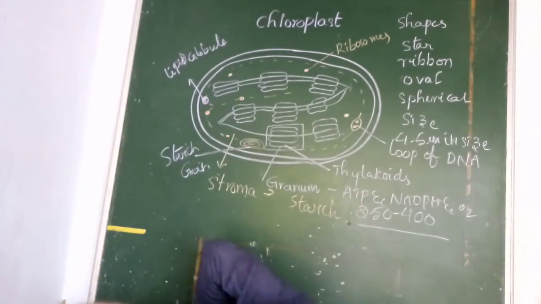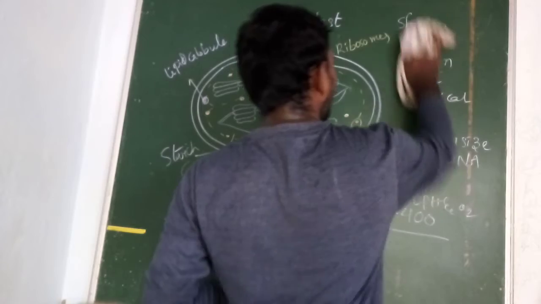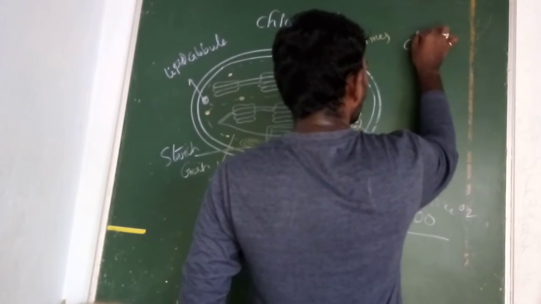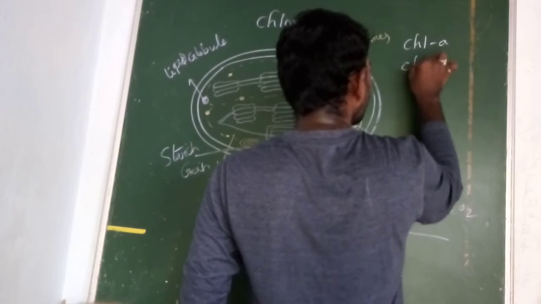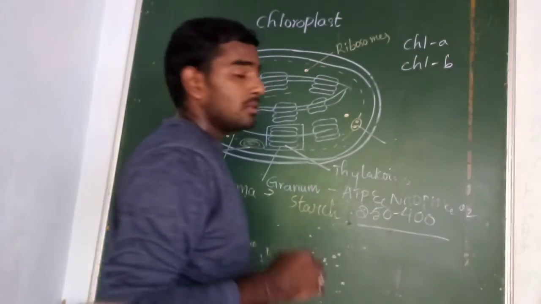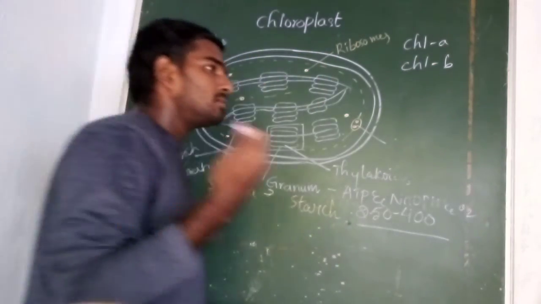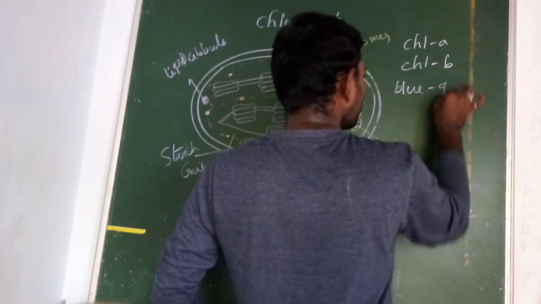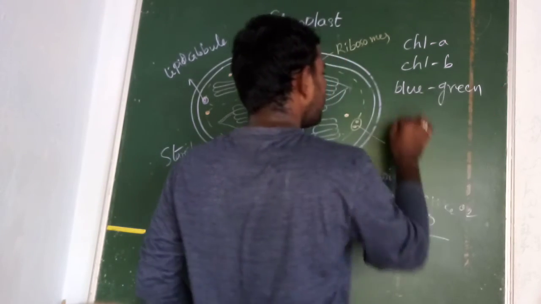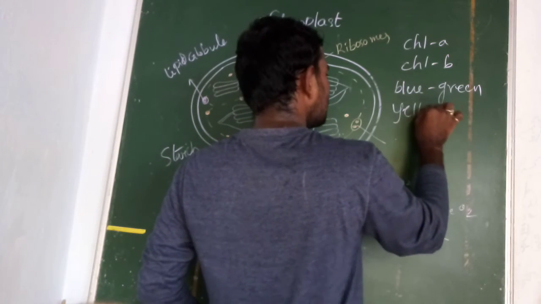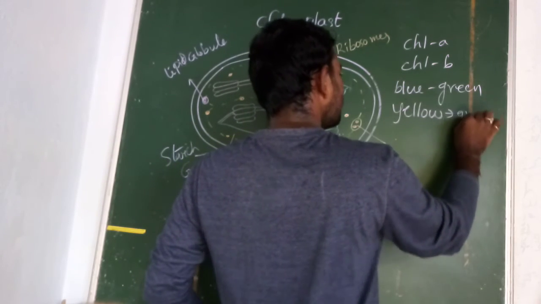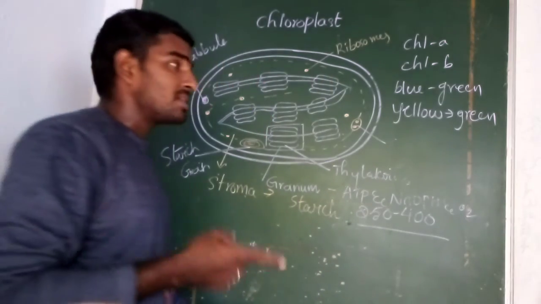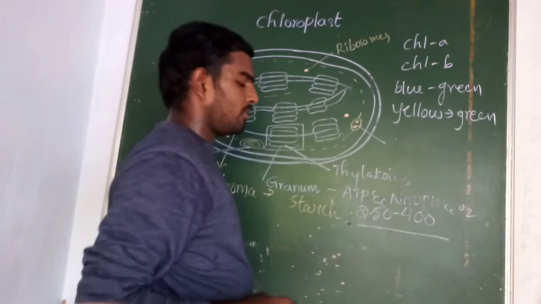These are of 2 types, chlorophyll A and chlorophyll B. Chlorophyll A gets the sunlight, the blue light, and converts it into green, and chlorophyll B captures the yellow light and converts it into green.